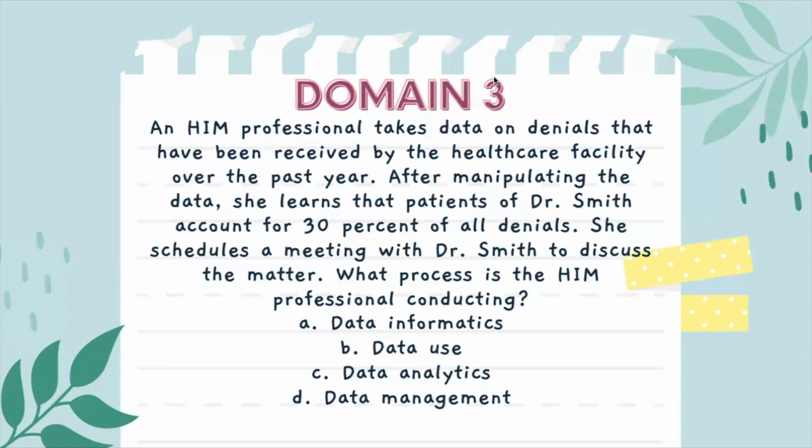That process fits best with C, data analytics, because data analytics focuses on trends. The HIM professional looked over all of the data and from there found a trend or pattern: 30% of denials from Dr. Smith.